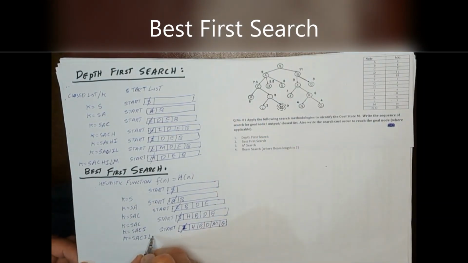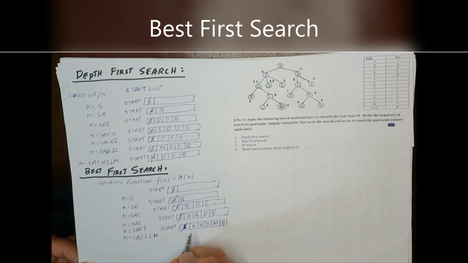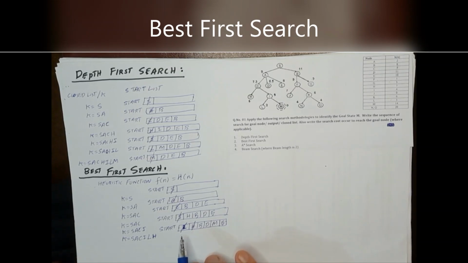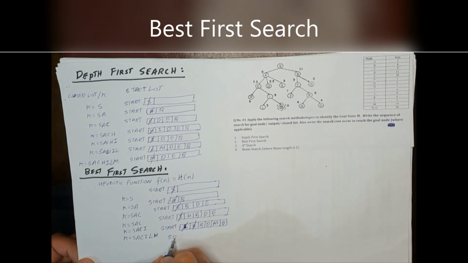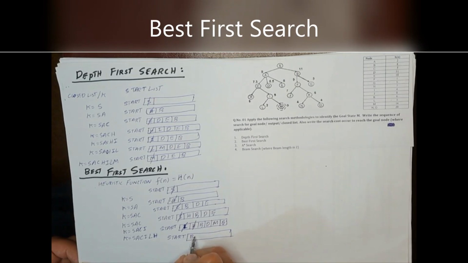So when we remove H from here, we are also not going to get any more nodes. So we can take another iteration. Now the value of the start list will be B, D, M and E.